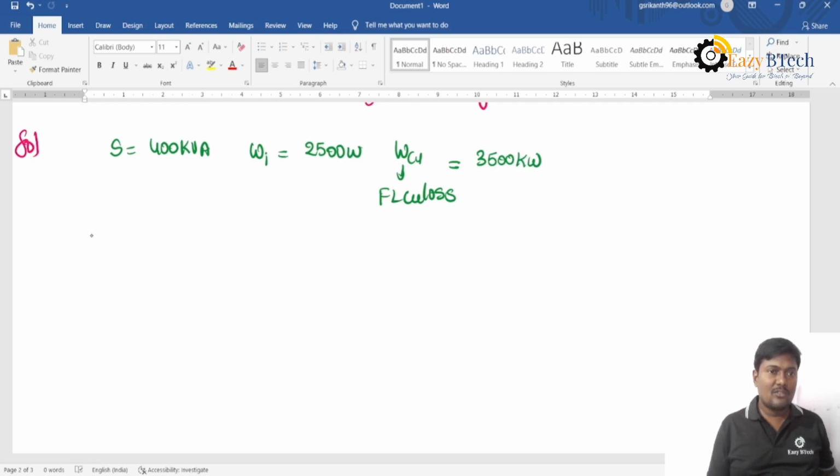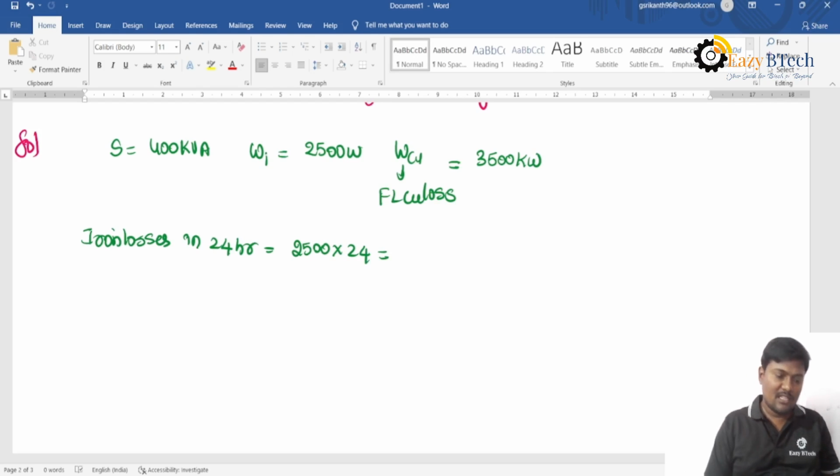Iron losses take place throughout 24 hours. Iron losses in 24 hours is equal to 2500 into 24, that is equal to 60,000 watt hours, means 60 kilowatt hour.